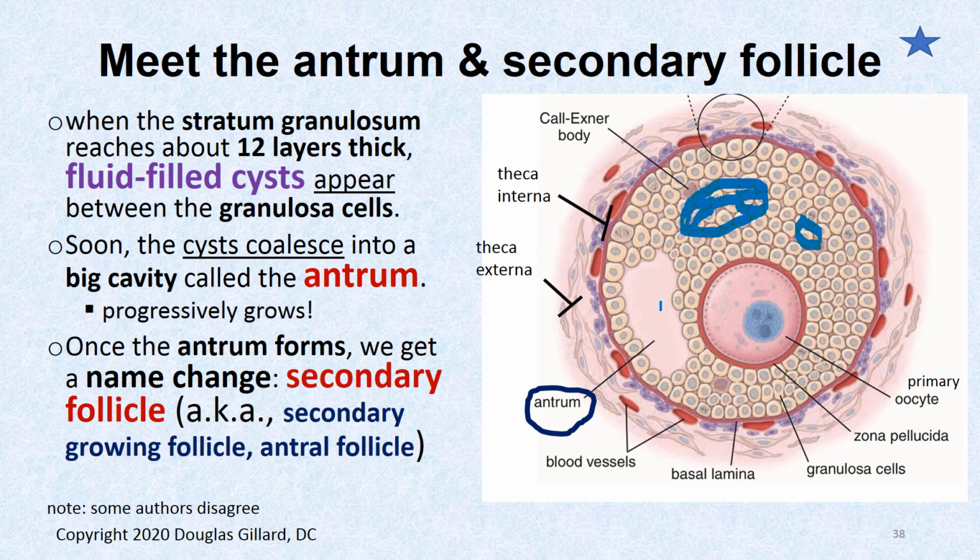Okay, so once the antrum forms, we get another name change. Histologists and microbiologists, under the microscope, once you start seeing an antrum, you don't call it a primary follicle anymore. Now it's a secondary follicle or secondary growing follicle. Some call it an antral follicle, but secondary growing follicle is what I'll call it. And guess what? That thing is going to keep right on growing.